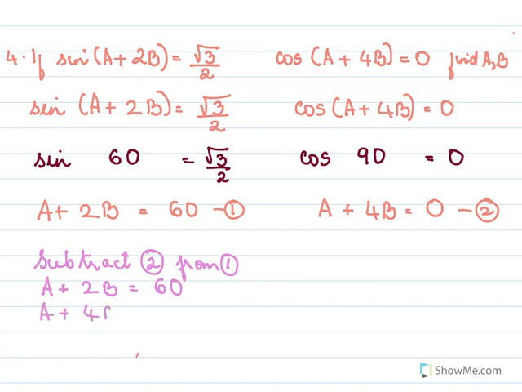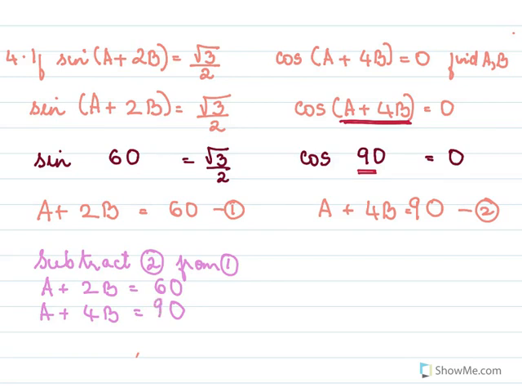Then here a plus 4b equal to 0. No, this was 90. So this is wrong what I've done here. I made a mistake here. This should be 90. So a plus 4b should be 90, because look up here, this is 90 and this also should be 90.